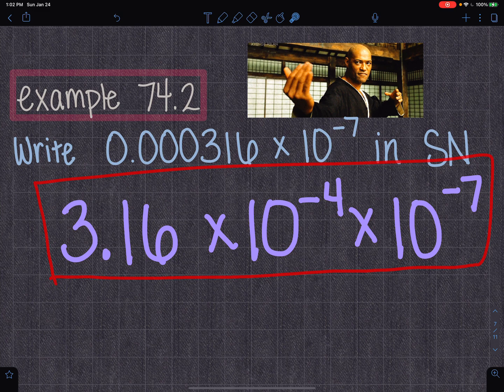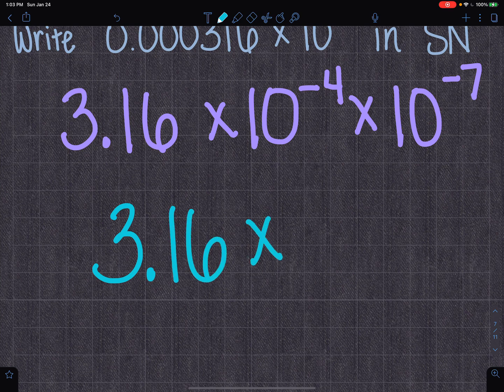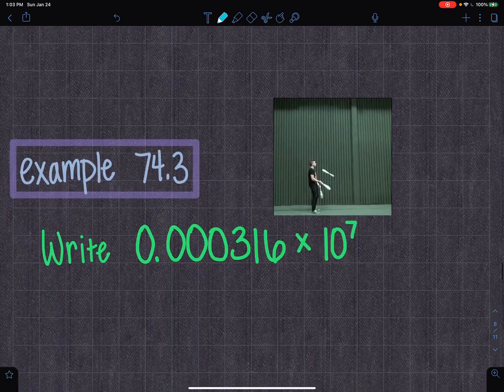You add the exponents. So we're going to add negative 4 plus a negative 7. And what do we get when we add that? Easy peasy. We're going to get 3.16 times 10 to the minus 11. Okay, sweet. We did it, right? We did it. Let's do the next example.